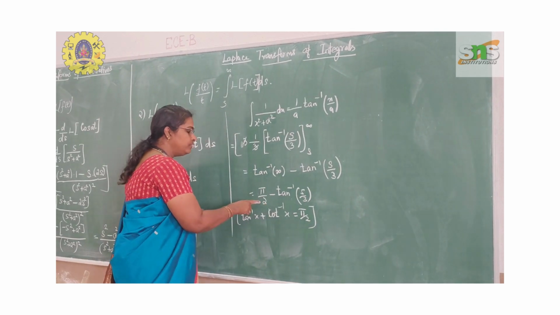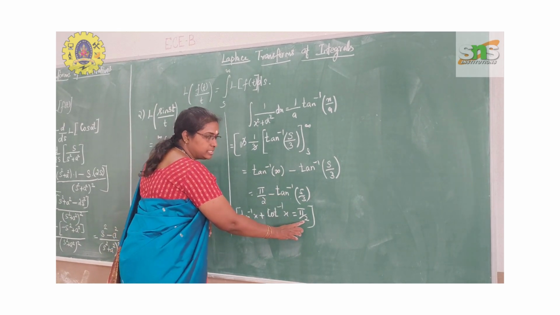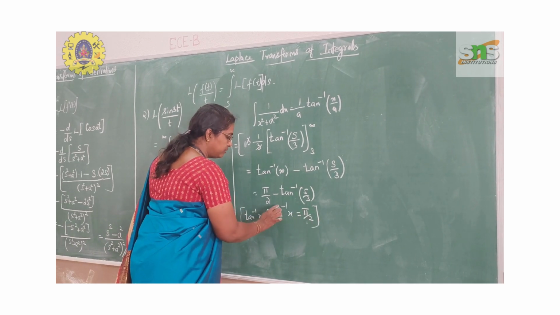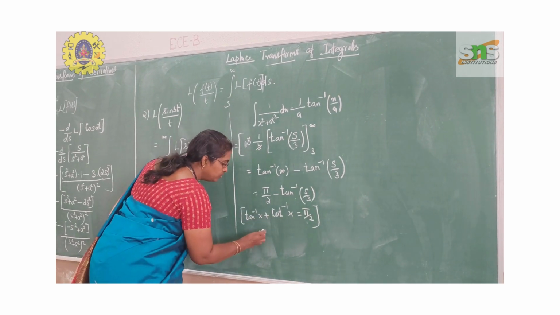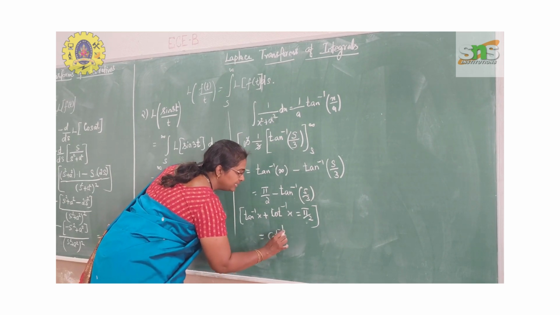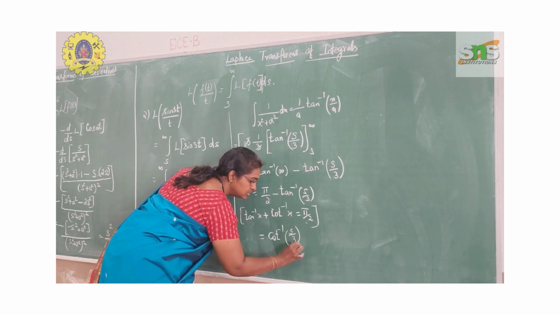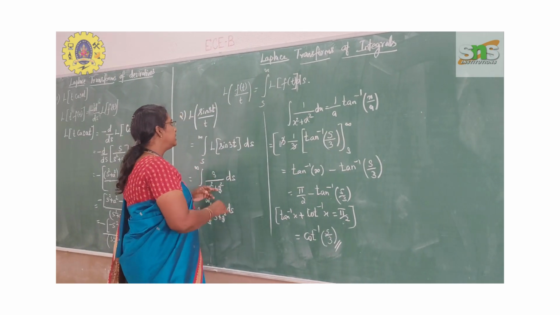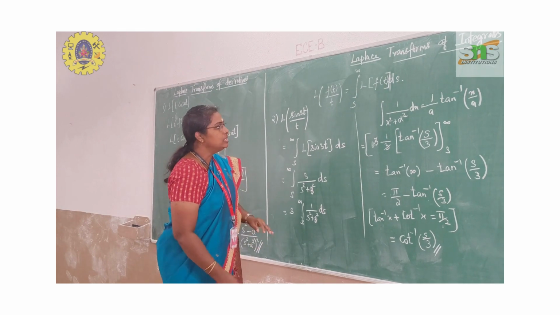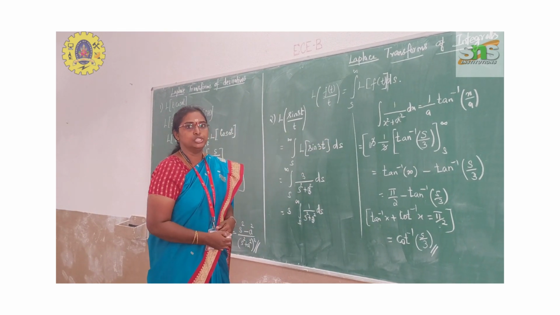So pi by 2 minus tan inverse equals cot inverse. So we got the answer cot inverse of x, and instead of x we have s by 3. This is the solution for L of sin 3t divided by t. If we replace using this formula, easily we can get the solution. Thank you.